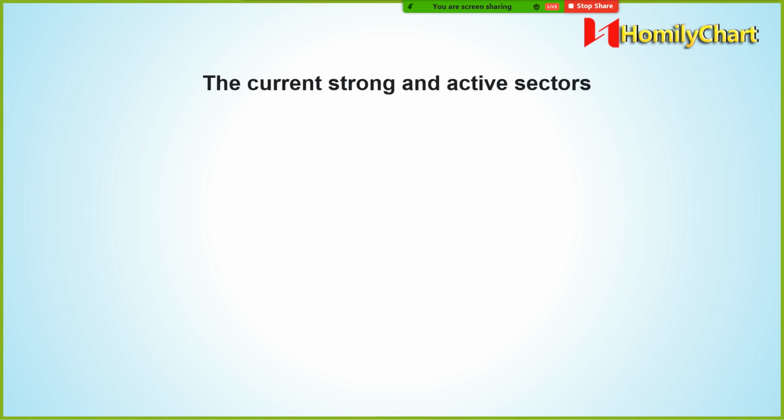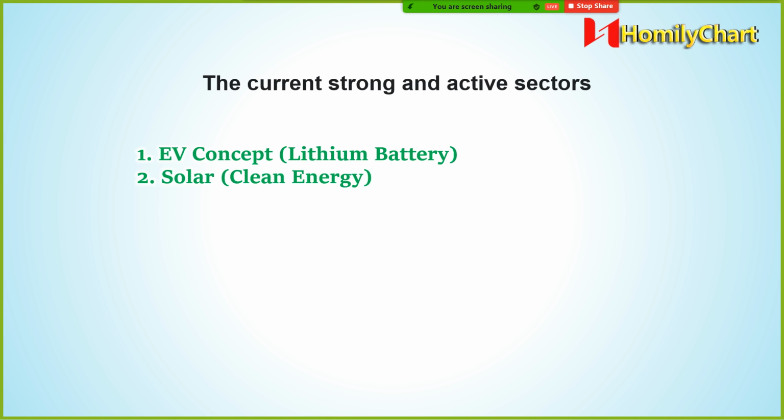Now, let us check the first important thing. The current strong and active sectors for the USA market. I'm sure around November or before November, September, October, the electric vehicle concept and the solar, clean energy, renewable energy sectors were very strong this year, because Biden maybe will win the election.